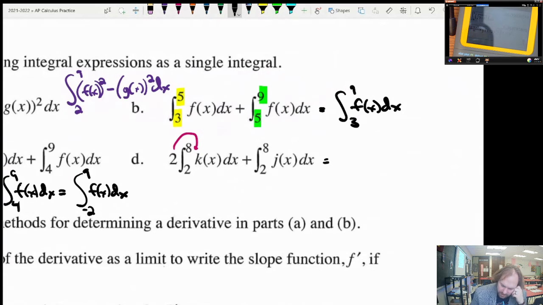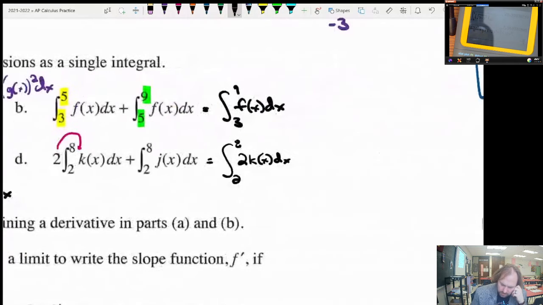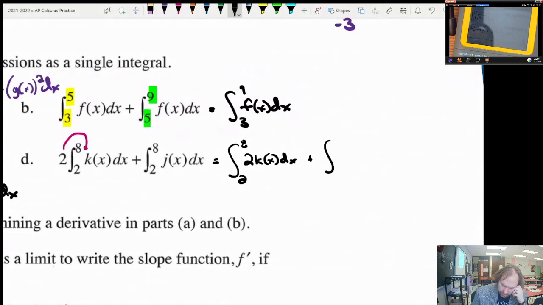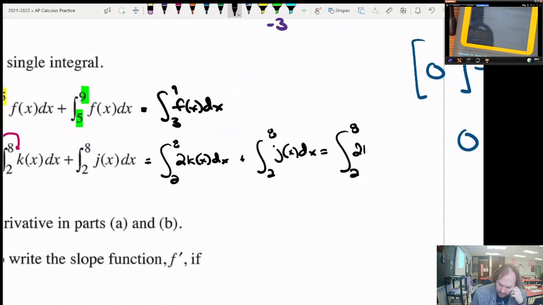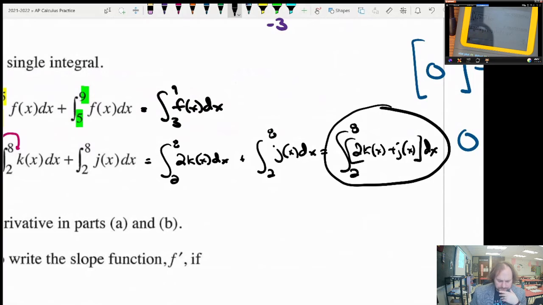So this will be the integral from 2 to 8 of 2k of x dx plus the integral from 2 to 8 of j of x dx. And that's going to give us one integral from 2 to 8 of 2k of x plus j of x dx. And that's all there is to it right there.